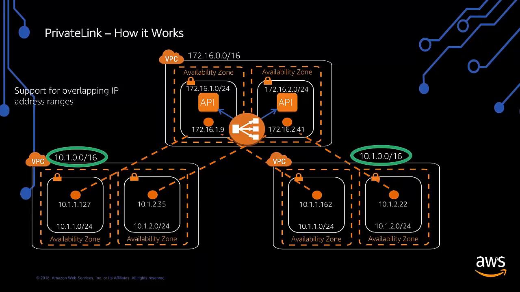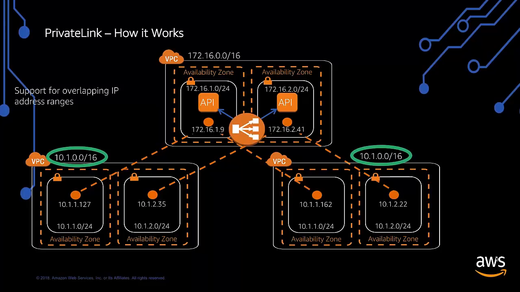Traditionally speaking, it's really hard to share services and monitor and all those types of things when you have duplicate address ranges between VPCs. So with PrivateLink, you're able to share services and have APIs that many people can access from overlapping CIDR ranges.